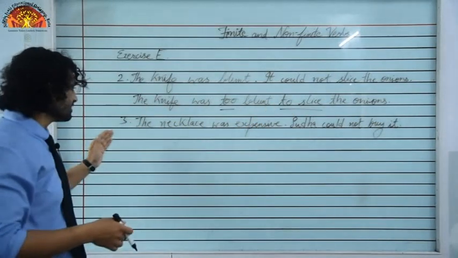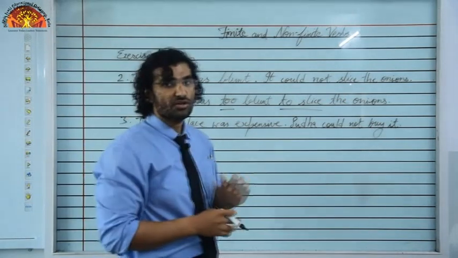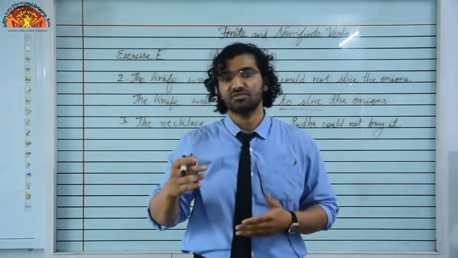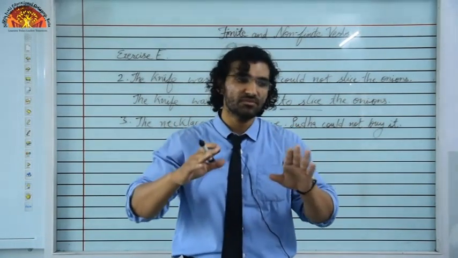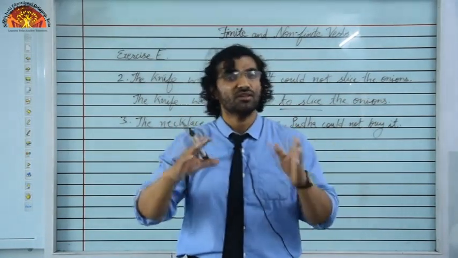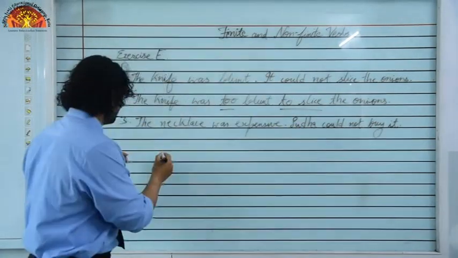The necklace was expensive, Sudha could not buy it. Sudha could not buy that necklace, which means it was quite expensive. It was very, very expensive, that is, too expensive. So let's see the answer.